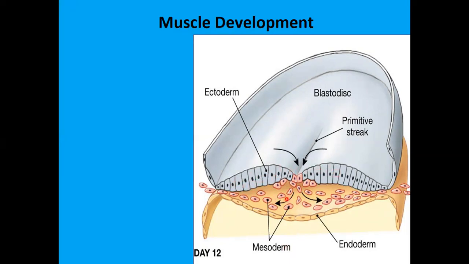Connective tissue also originates from mesoderm. So this is an embryo at this stage: ectoderm, mesoderm, and endoderm.